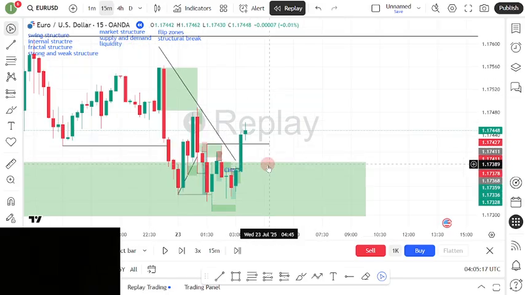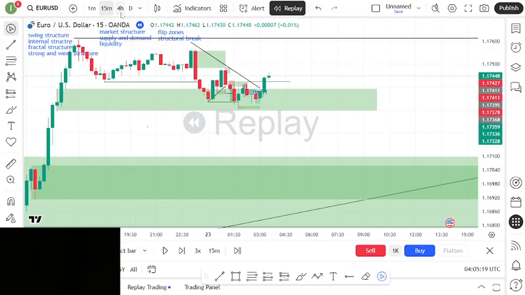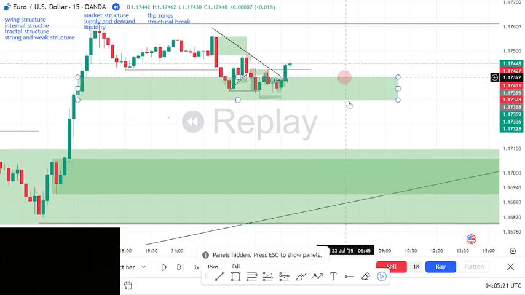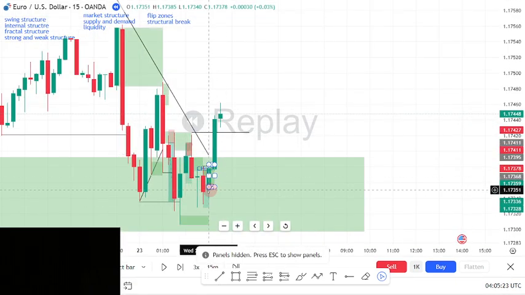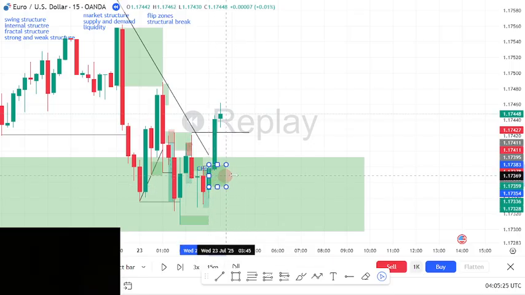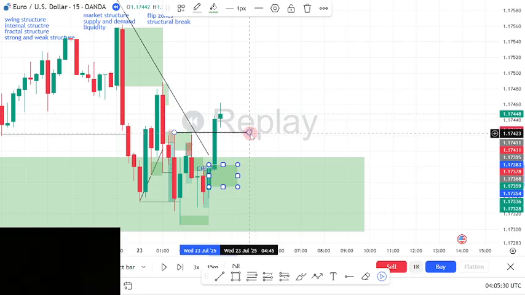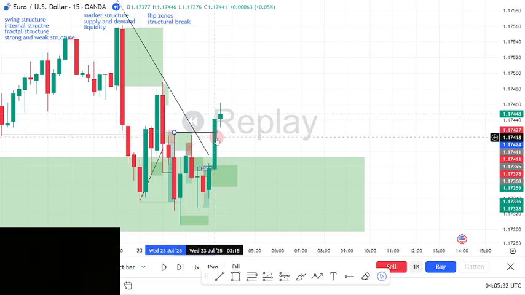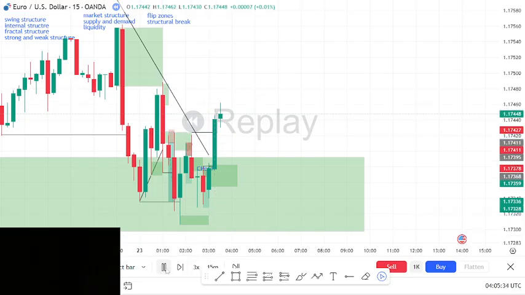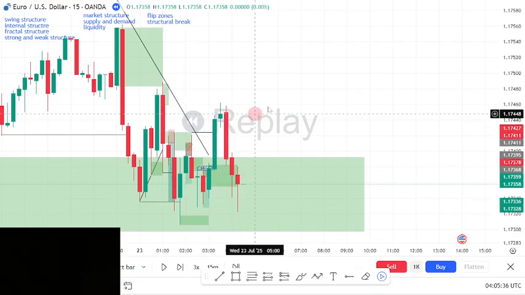Okay, so now price is turning around from this zone. If that is the case, as price starts into this, here is a flip zone. I will expect price to come back to mitigate. Okay, nice.